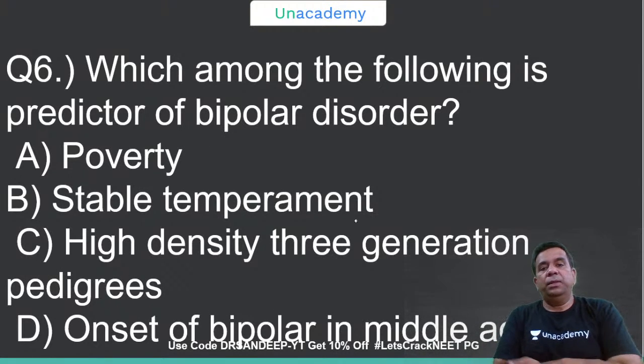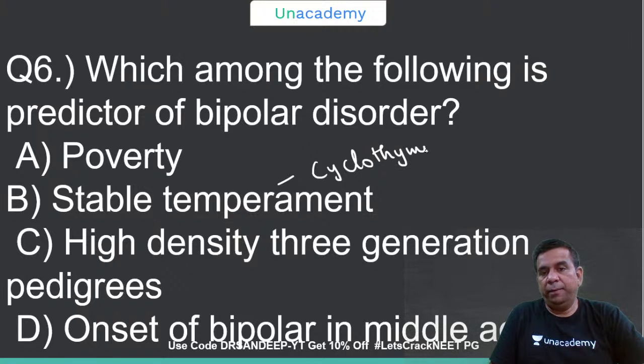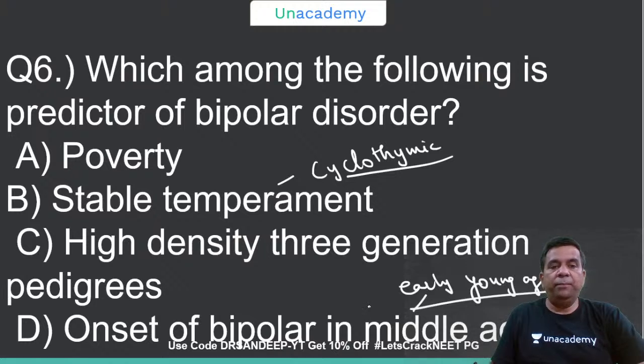Now what is the predictor of bipolar disorder? Stable temperament, poverty, high density third generation pedigree, onset of bipolar in the middle age. We know that cyclothymic temperament and onset in early young age predict bipolarity.